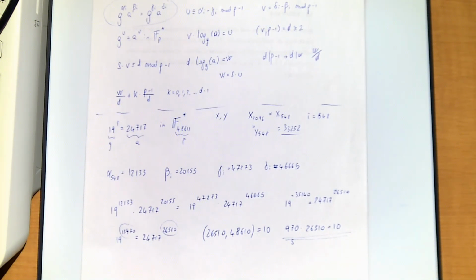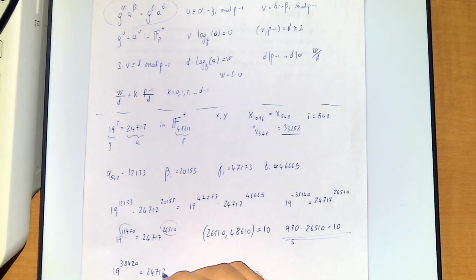So I don't use the original relation, I have to use this modified one. And I multiply by S both sides, which means I take this to the power of S on both sides. So I take the power of 970 of both these, so the exponent becomes this times 970 and this times 970. And I get 19 to the power of 38420. Of course, this times 970 modulo P minus 1 is going to be equal to 24717 to the power of 10.